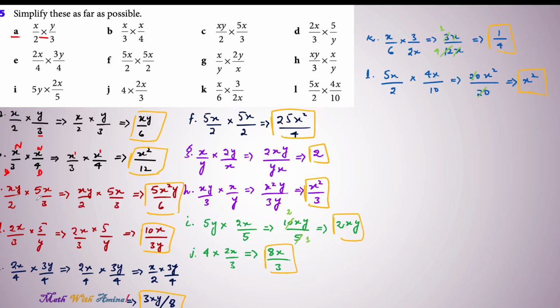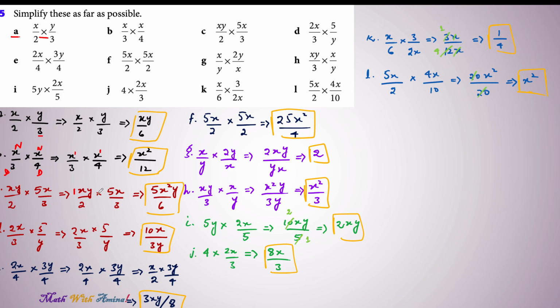Next, xy over 2 multiplied by 5x over 3. Here xy will get multiplied with 5x and 2 will get multiplied with 3. The coefficient of the variables in the first numerator is 1, so 1 multiplied by 5 is equal to 5.